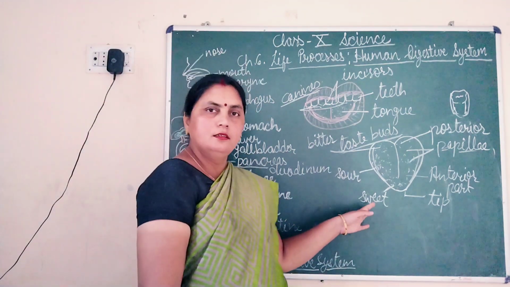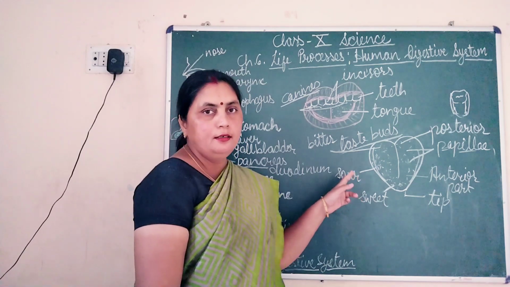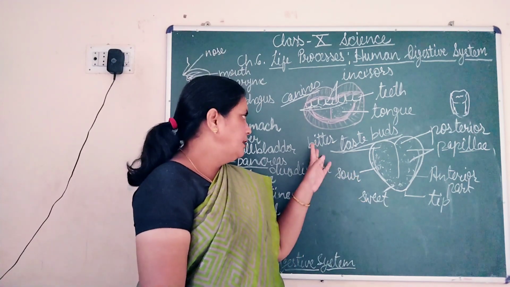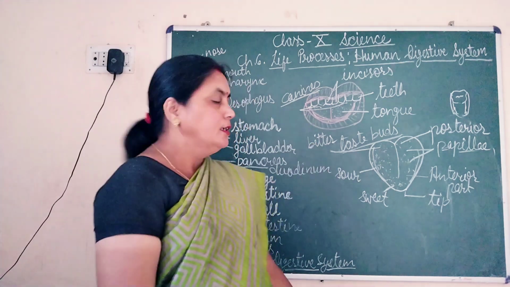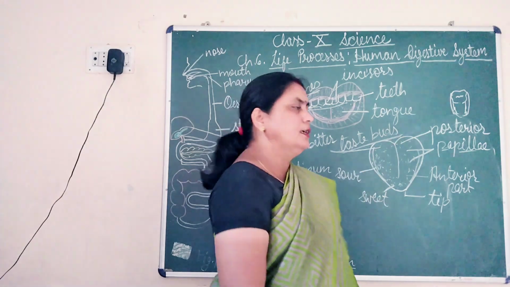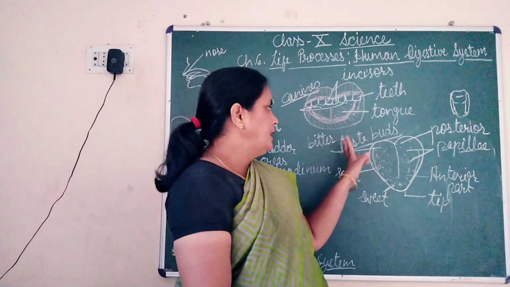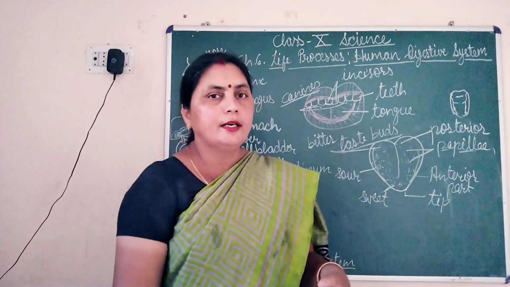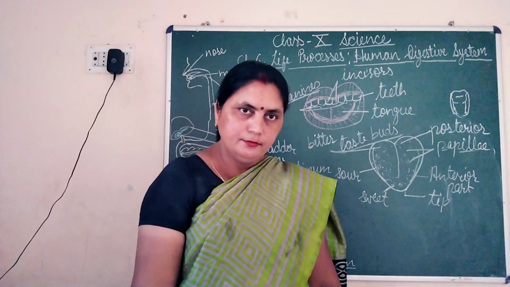So sweet like sugar or any sweets, sour like lemon, orange, etc., and bitter like bitter gourd or some medicines. So sweet, sour, and bitter tastes can be tested with the help of taste buds located on various parts of the tongue.